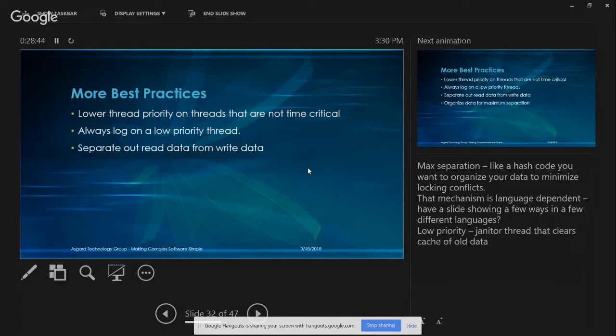If you just go through your code and say, okay, I'm going to make it so that everything is locked and you can only access it one at a time, then it's easier to get into deadlock. So I tend to like to group data by what it's used for. And if you separate out the read data from the write data, then you don't have to lock the read data, and you only have to lock the write data.